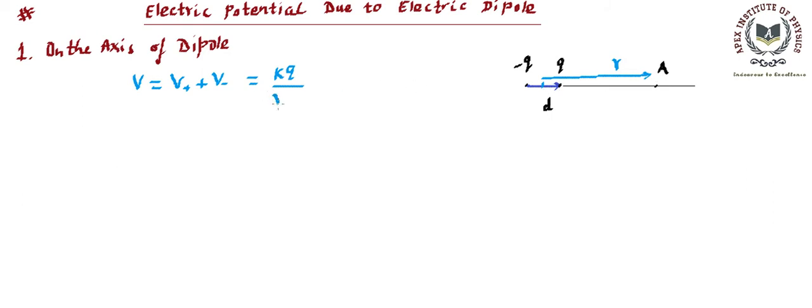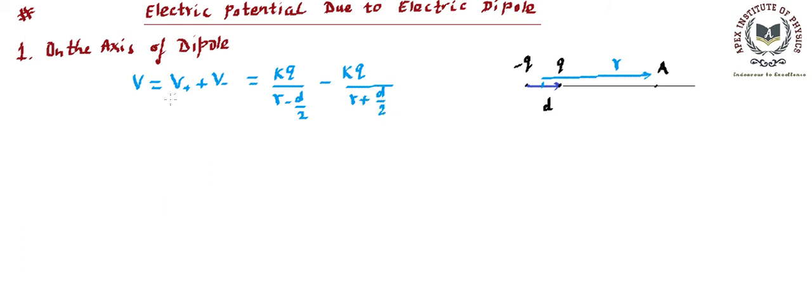Then the potential because of the negative charge is minus K into charge Q, with the minus of the Q charge coming outside, and the distance of point A from the minus Q charge is R plus this half extra, D by 2. That means R plus D by 2.